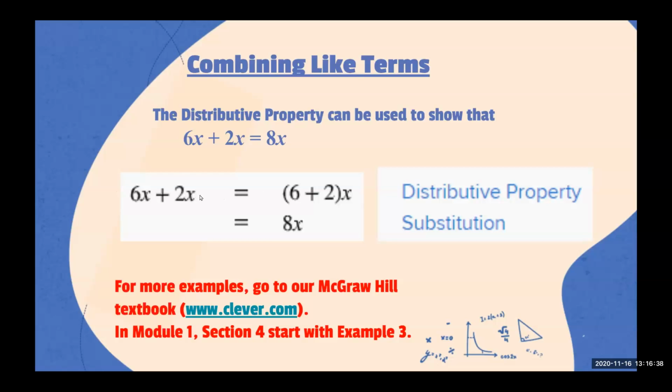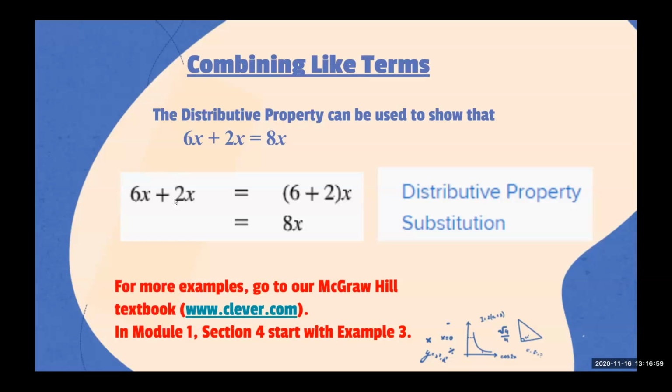You could think about this as x has been distributed into the quantity 6 plus 2. So now we're pulling it out, and that allows us to go ahead and add the 6 plus 2 together to get that 8x. As I said, I don't usually focus on the fact that that's got anything to do with the distributive property, but it does. It's good to at least be aware of that.